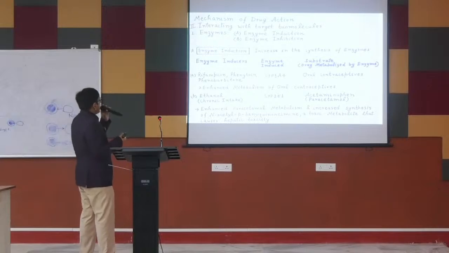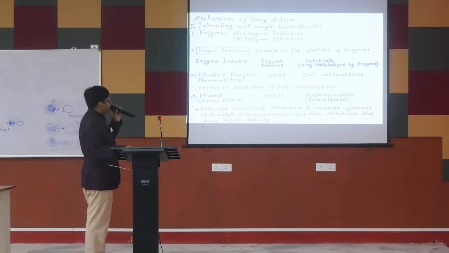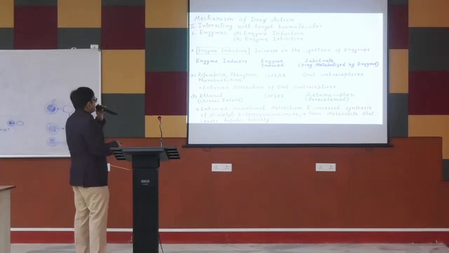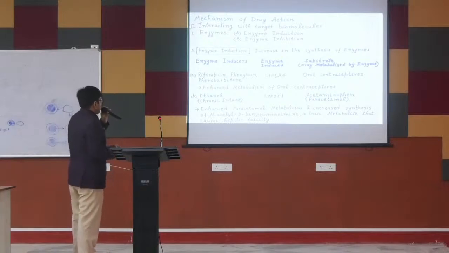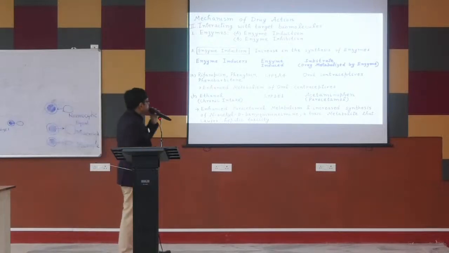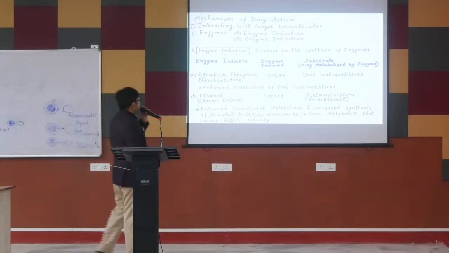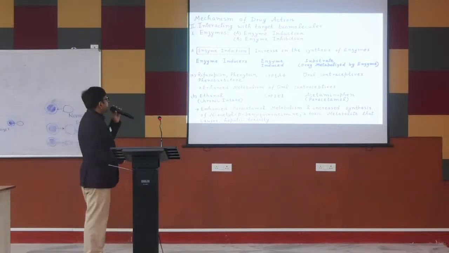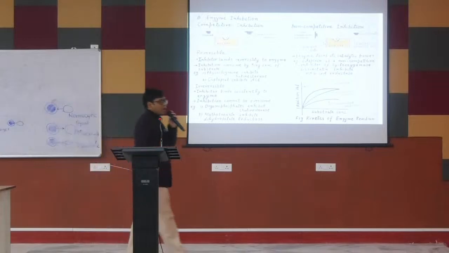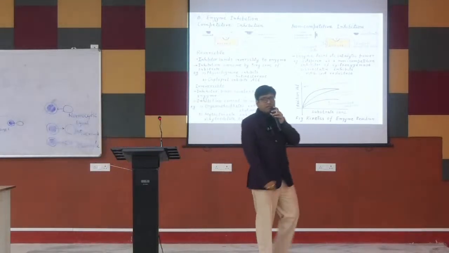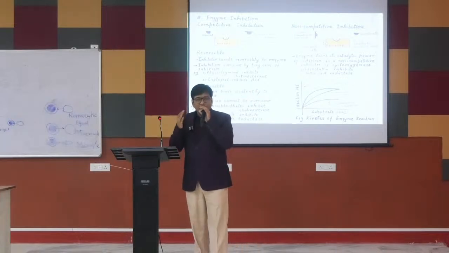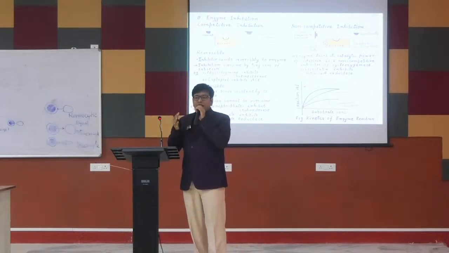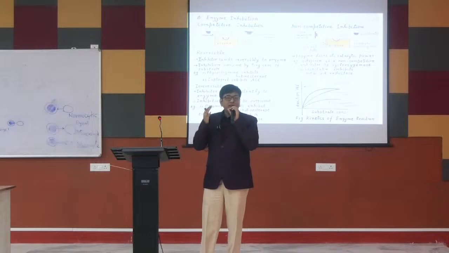A drug can also act by interacting with target biomolecules. Like a drug can induce an enzyme or it can inhibit an enzyme. A drug acting by enzyme induction is not very common. There are some examples given here. But drug acting by enzyme inhibition is rampant. When one by one you study the various systems, you will see that there are many drugs which exhibit their clinical effects simply by virtue of inhibiting various enzymes.